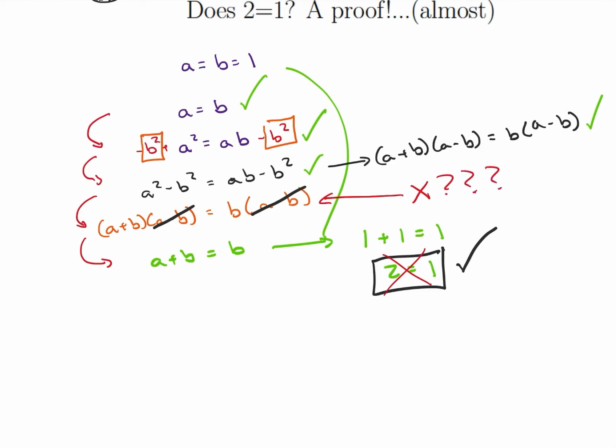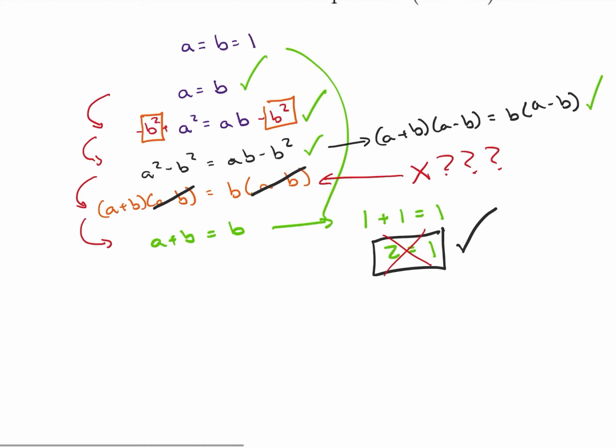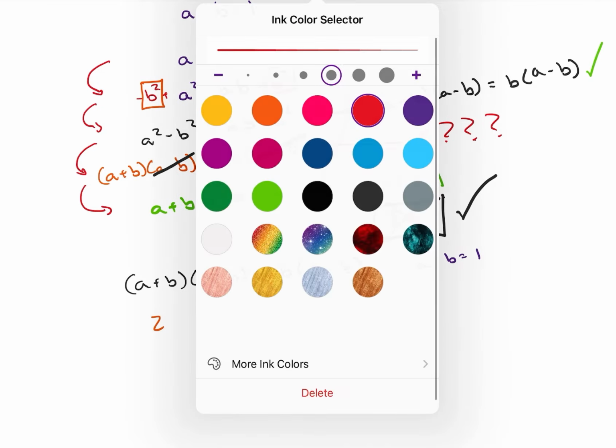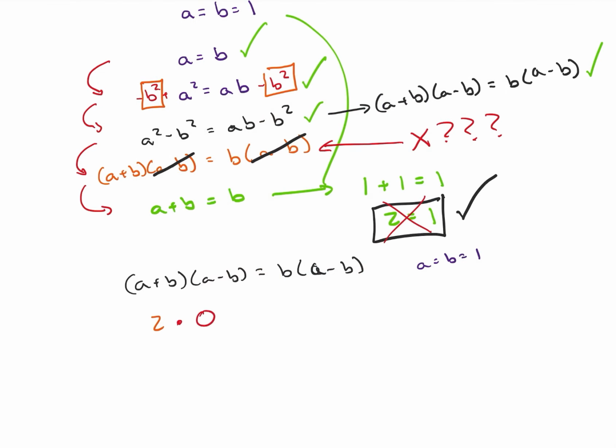So what is illegal in that step? Let's take a look. Essentially what we did is we have a plus b times a minus b is equal to b times a minus b. If we look at what this is actually saying, remember a equals b equals 1. So this is saying that 2 times 0 is equal to 1 times 0.